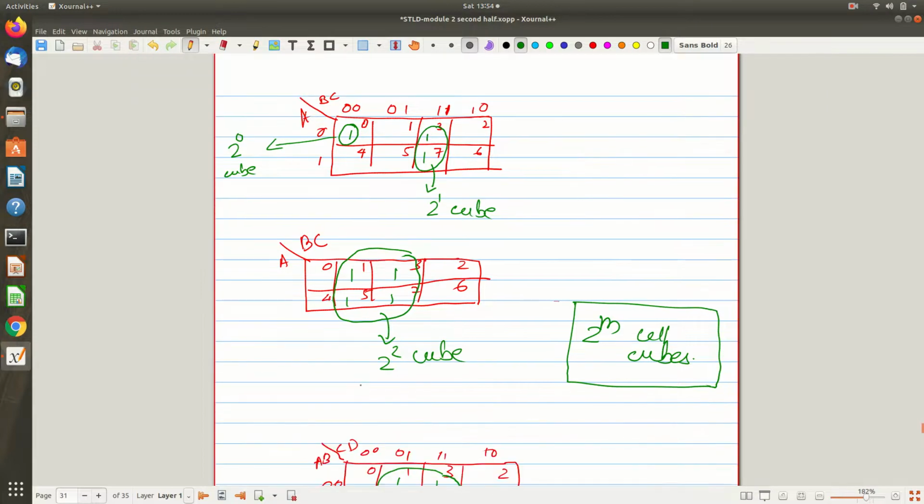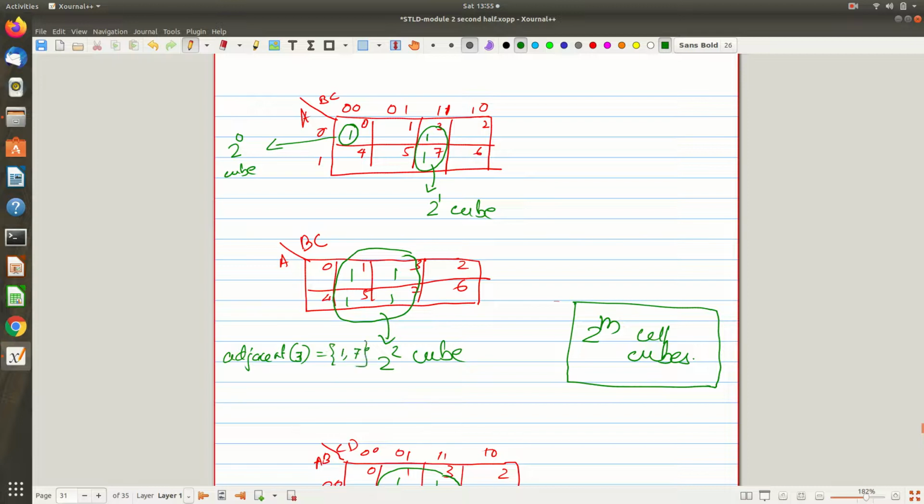Now if I look at a 2 power 2 cube, can you tell me how many cells a cell is adjacent to? Take cell number 3. It is adjacent to cell number 1 and cell number 7.